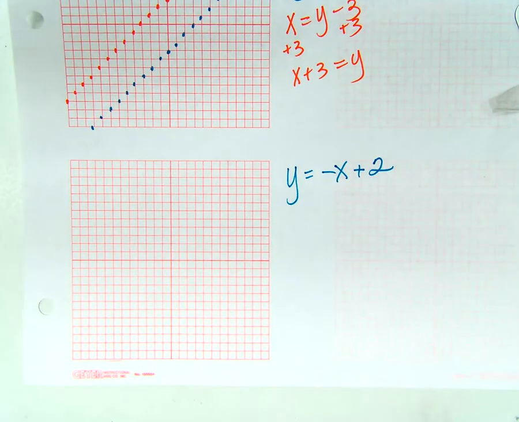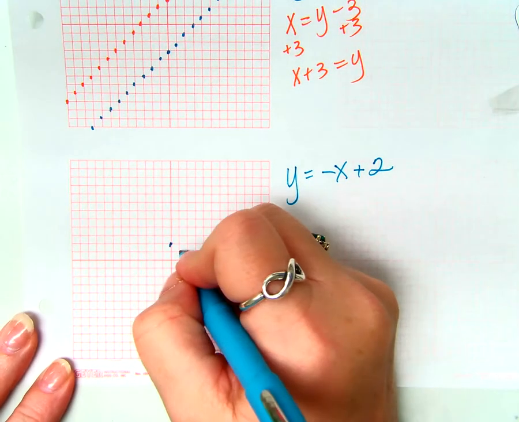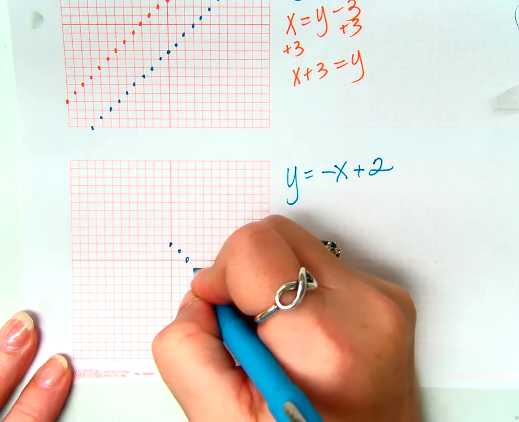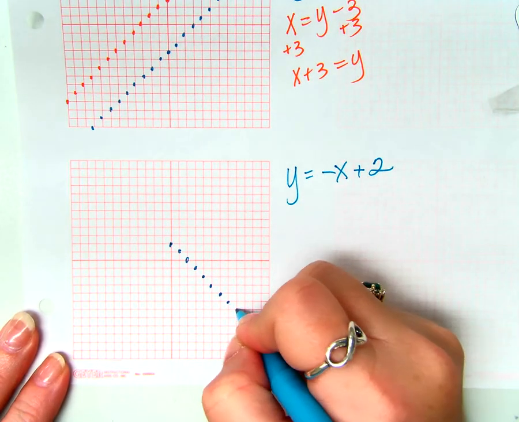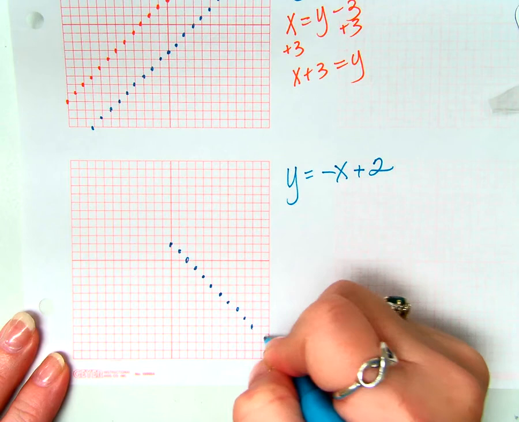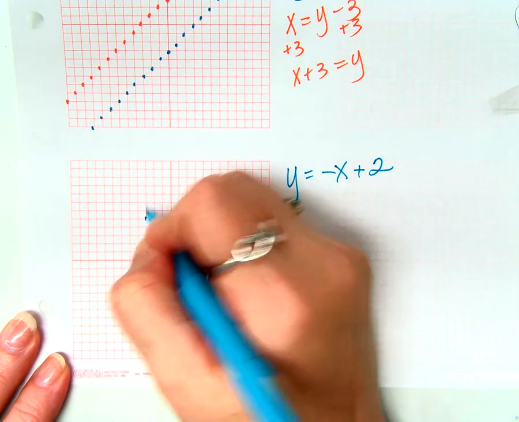Y equals negative x plus 2. How do I graph that? Good. Up 2. Down 1, right 1 this time, right? Or up 1, left 1.